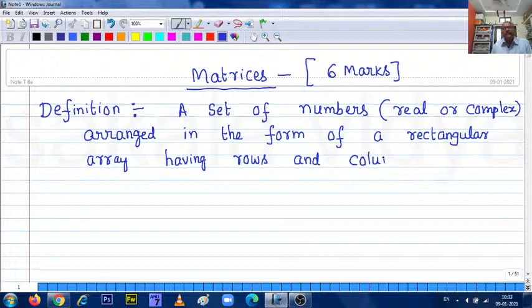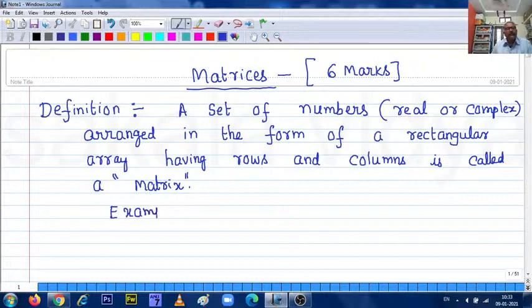This is the definition of the matrix. You may be asked in the examination: write the definition of the matrix. A set of numbers, real or complex, arranged in the form of a rectangular array having rows and columns is called a matrix. We shall give as many examples as possible.